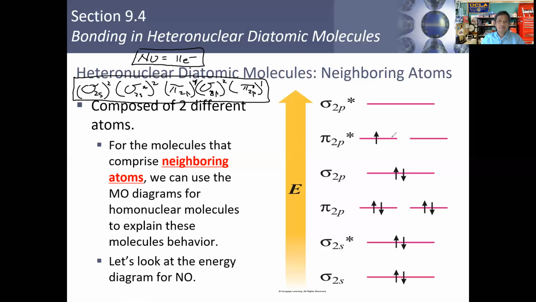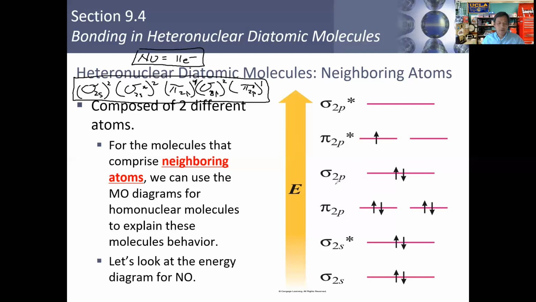Okay, and if you notice here, we have written out this electron configuration using the molecular orbital diagram for nitrogen and not for oxygen.